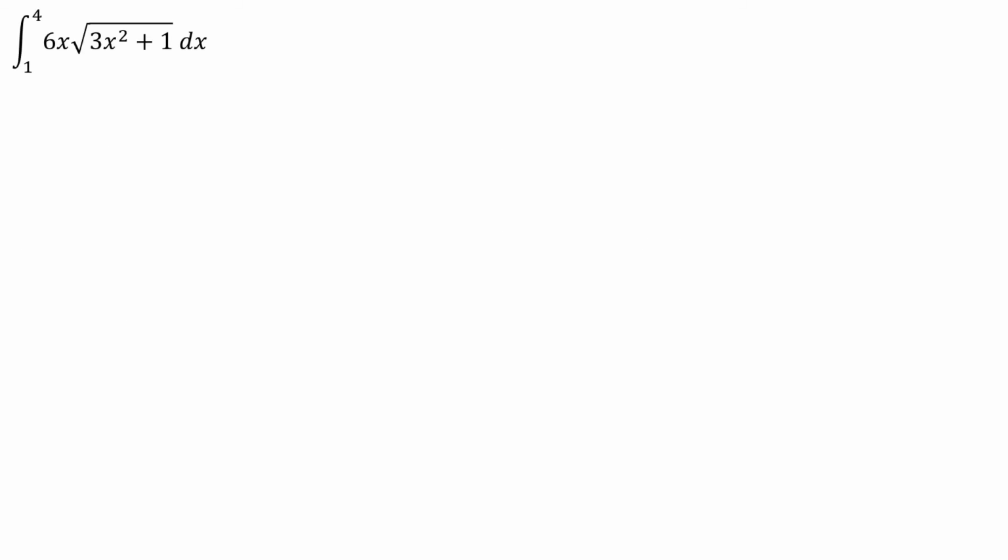Third and final example of the day. Now again, at first glance, I might think that maybe, just maybe, I should let u equal 3x squared. But if I do that, I'm going to have square root of u plus 1. And I don't know how to integrate square root of u plus 1.